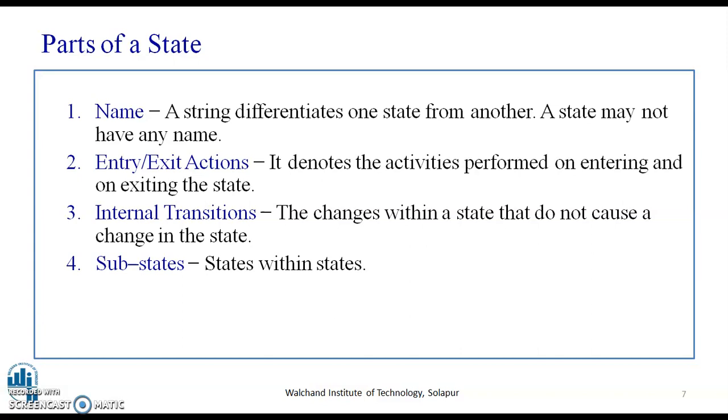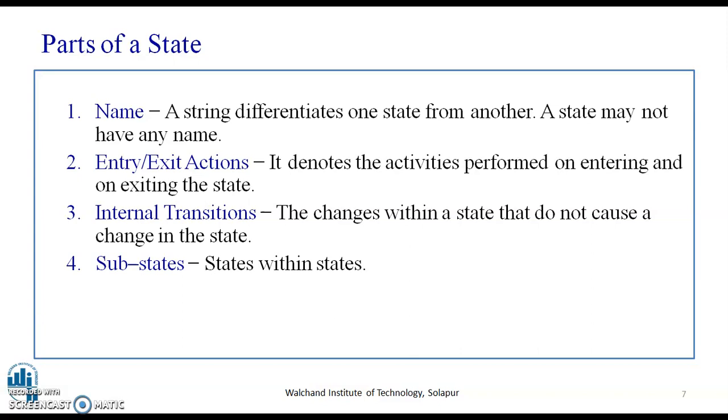Then is the entry and exit action. It denotes the activities performed on entering and on exiting the state. Next is the internal transitions. Now there are n number of things that keep on happening. Consider the example of switching on the fan.